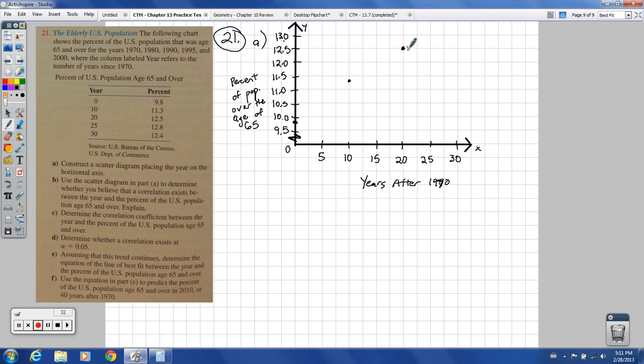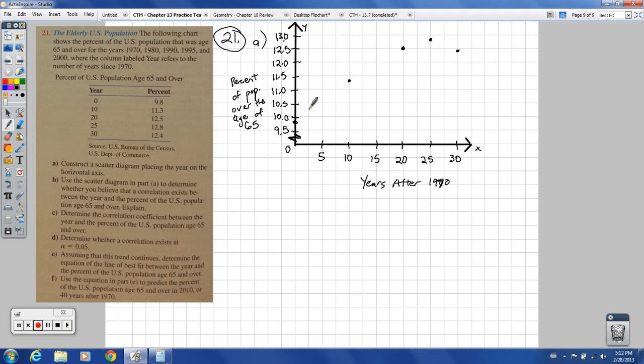There's that one, right on the crosshairs there. 25 is 12.8, just a little higher than halfway between these two, and 30, 12.4, just underneath the 12.5 line right there. And so it looks like, yes, it looks like there's this correlation. It looks like it's fairly linear.